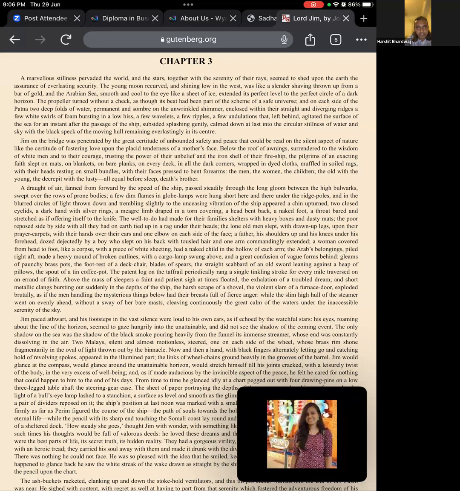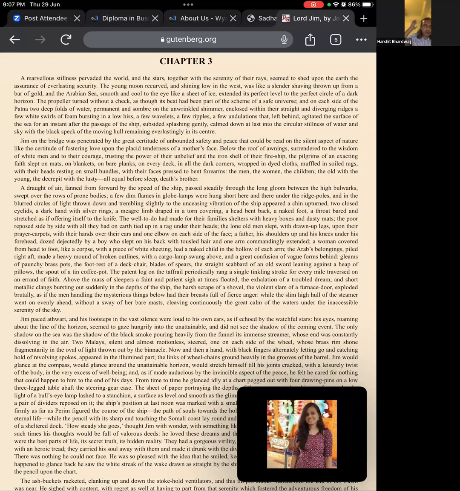The young moon, recurved and shining low in the west, was like a slender shaving thrown up from a bar of gold, and the Arabian Sea, smooth and cool to the eye like a sheet of ice, extended its perfect level to the perfect circle of a dark horizon. What a beautiful scene. The propeller turned without a check, as though its beat had been part of the scheme of a safe universe. And on each side of the Patna, two deep folds of water, permanent and somber on the unwrinkled shiver, enclosed within their straight and diverging ridges.